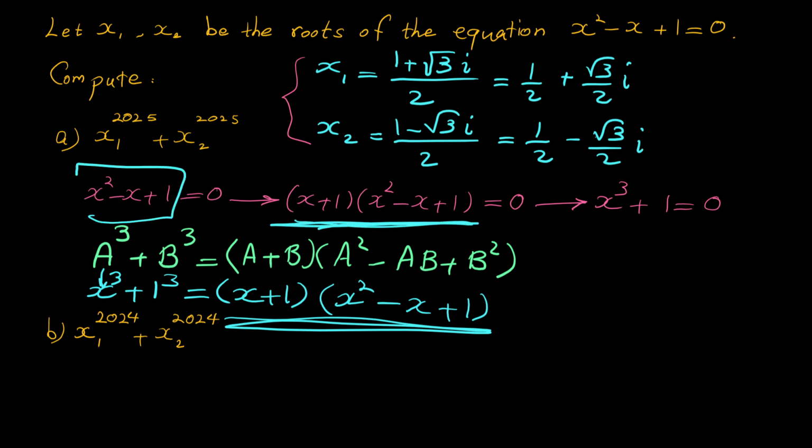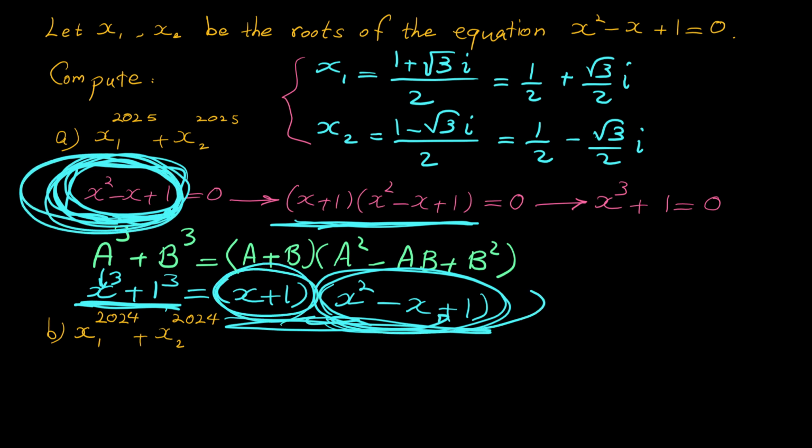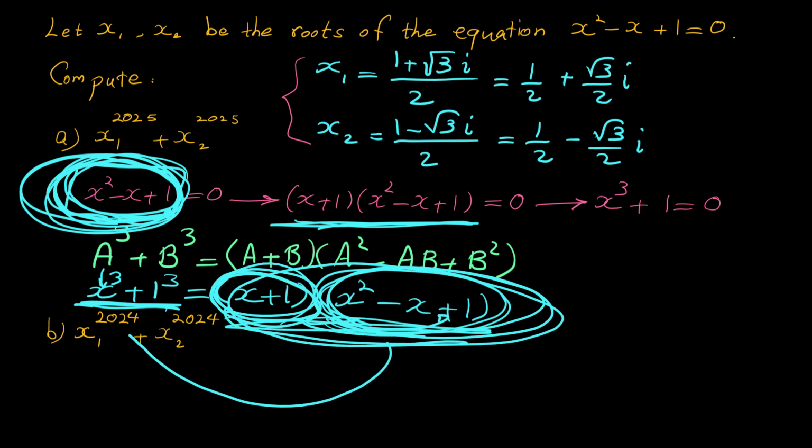We had this expression originally here. By looking at this, we remembered that this is part of the factored form of this expression. So we decided to multiply this by x plus 1, because when we multiply this by x plus 1, it simplifies and then we have x to the 3 plus 1.